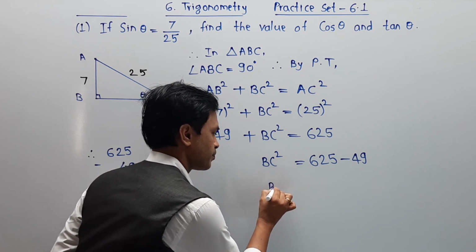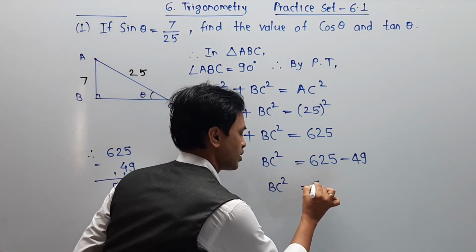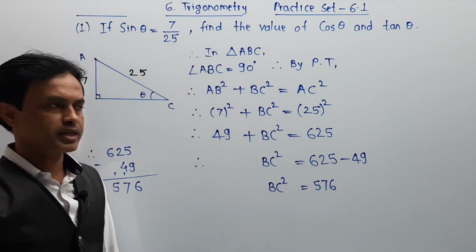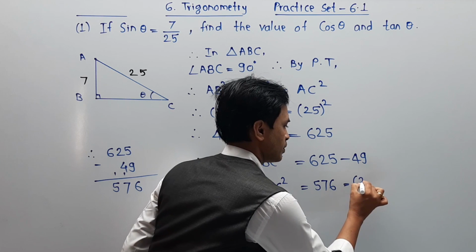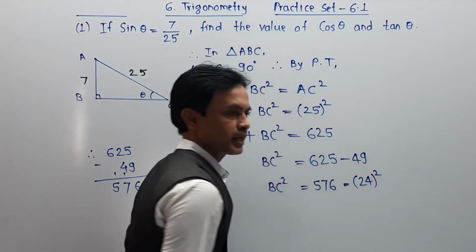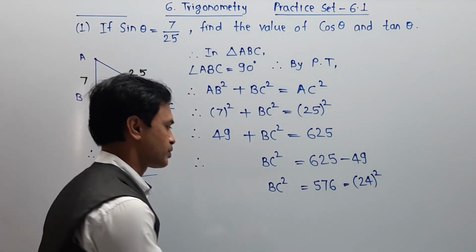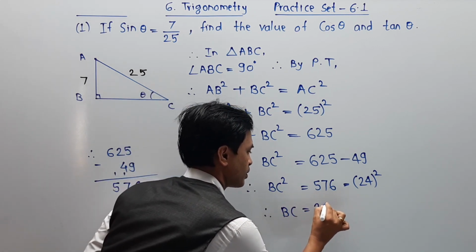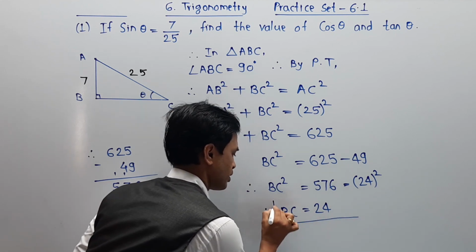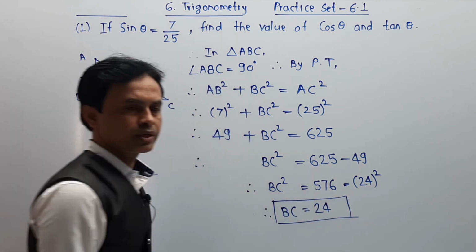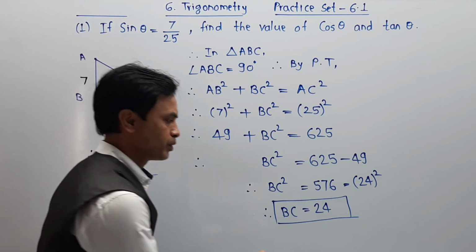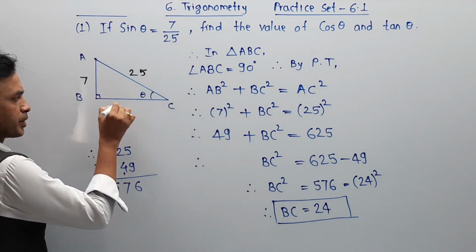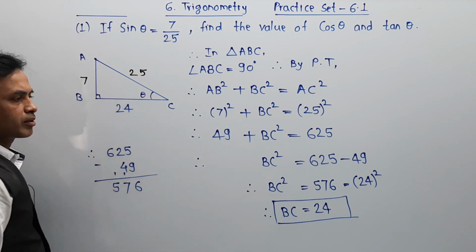So BC square is equal to 576, and we very well know 576 is the square of 24. Naturally, BC square is equal to 24 square. Therefore, BC becomes 24, and this is the step where you get the side. You can also write 24 units. So the value of BC is now 24 after calculation.